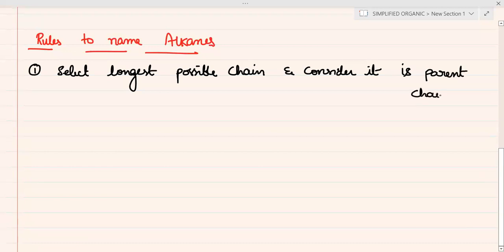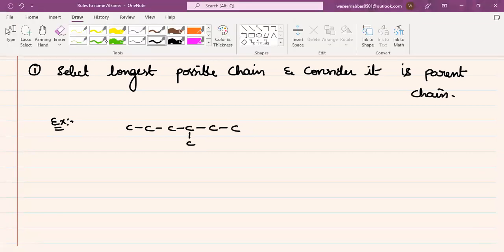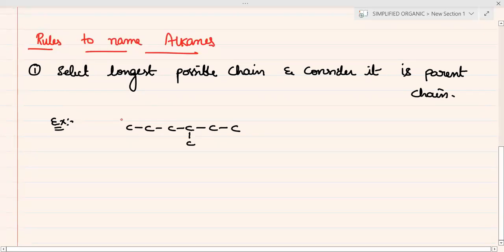For example, I have this carbon chain, and in this case the longest chain is this, and this is considered as the parent chain.